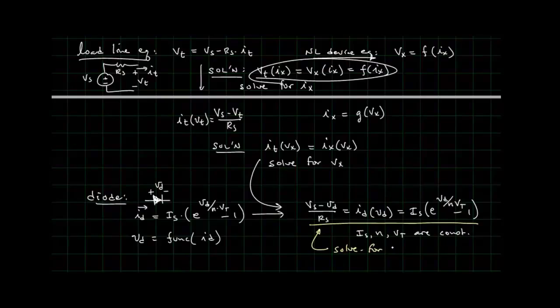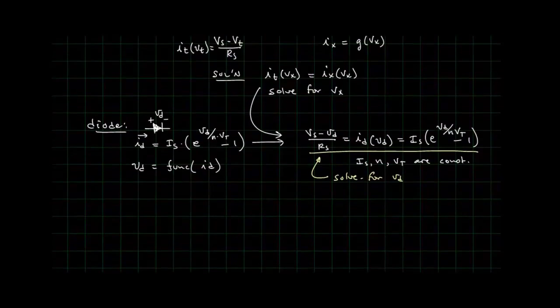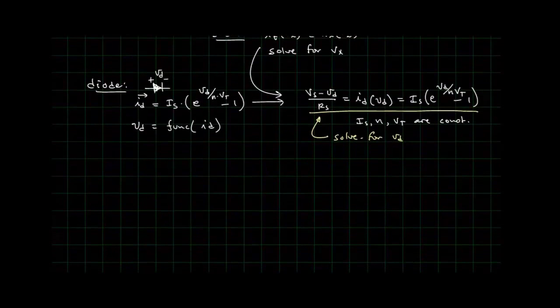and solve for Vd. Now sometimes you can manipulate the nonlinear equation for your device and get it into a form that allows you flexibility to use either of the nonlinear equation setups that I just described. For instance, this curve looks like this.